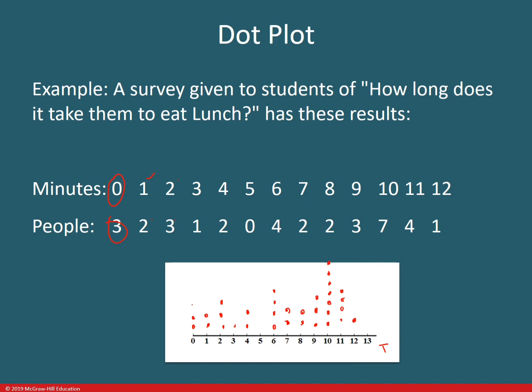What's very useful about a dot plot is you can see it looks like a histogram. You could see if it's right skewed, left skewed, or normal. This one doesn't really have a shape.